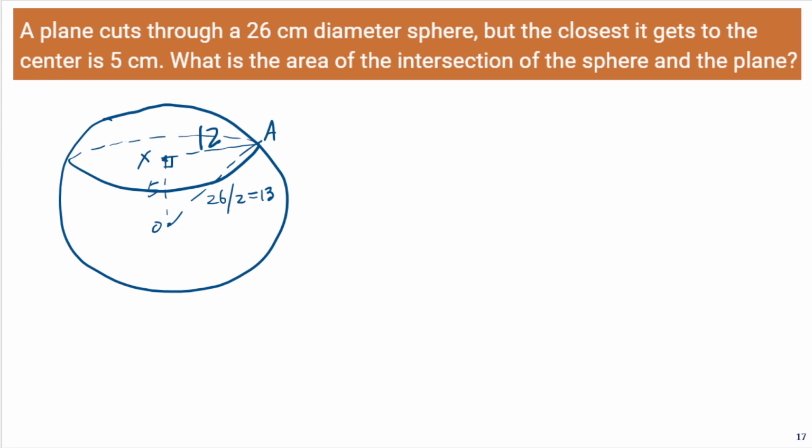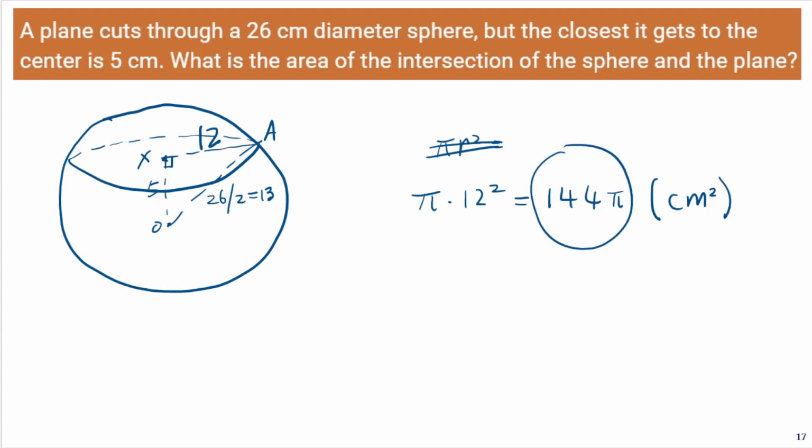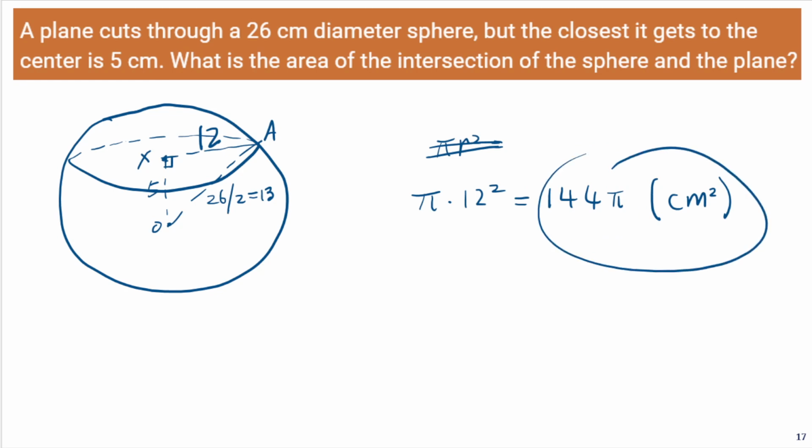We know that this cross-section is a circle, so its area is just pi r squared. And of course, that's pi times 12 squared, which gives us 144 pi. And do not forget the unit is square centimeters. So this is our final solution.